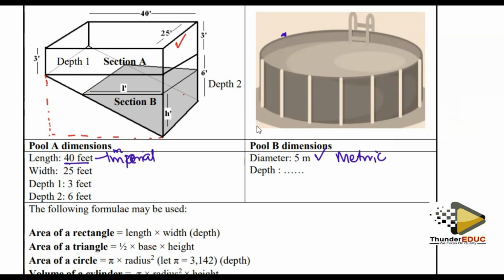So we shall use volume equals, because if we are looking for the total volume of this swimming pool, it is going to be section A plus section B. So section B volume will equal the area of a triangle times the height.